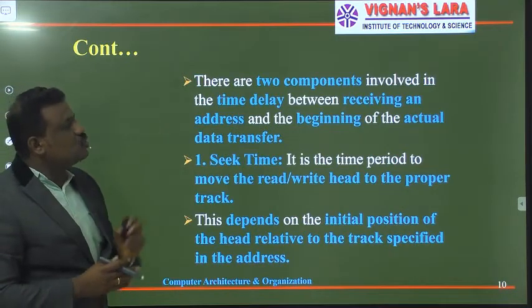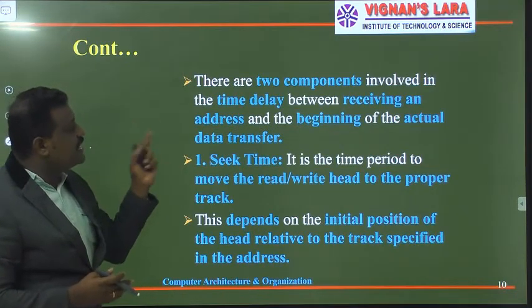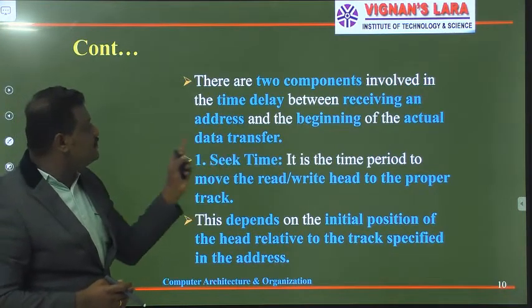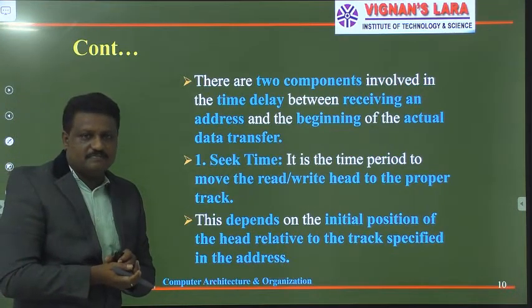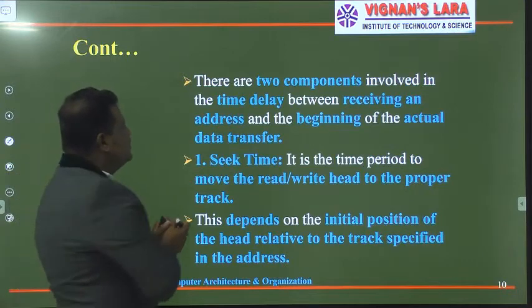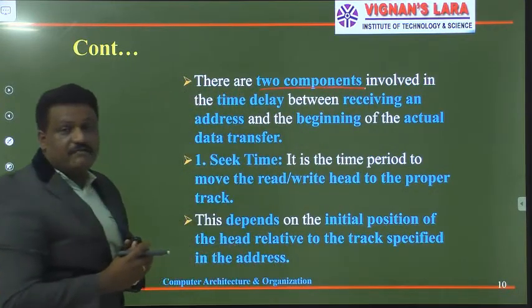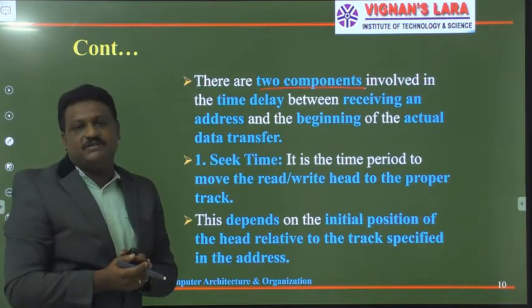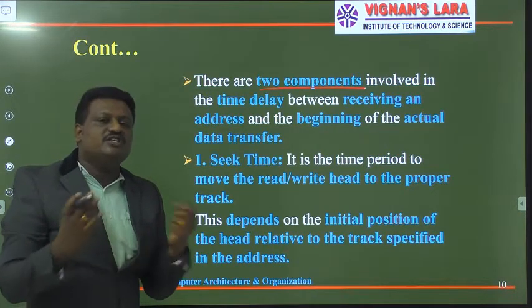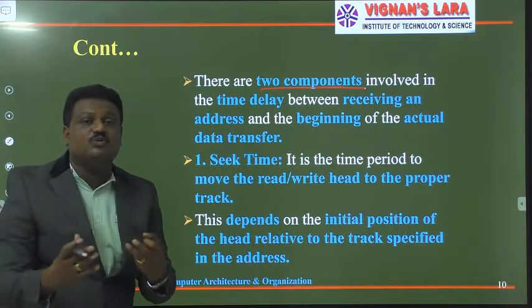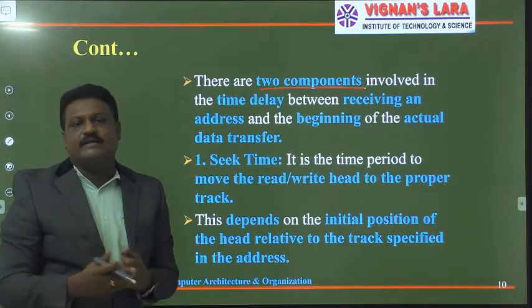Next, there are 2 components involved in the time delay between receiving an address and the beginning of actual data transfer. Here the important thing is that we consider 2 important components while calculating our time periods: how much time our system will take to read or write information to or from a magnetic disk.